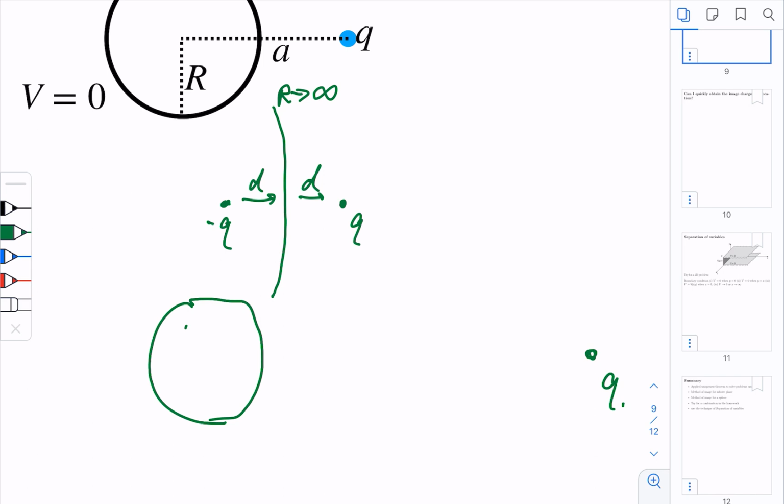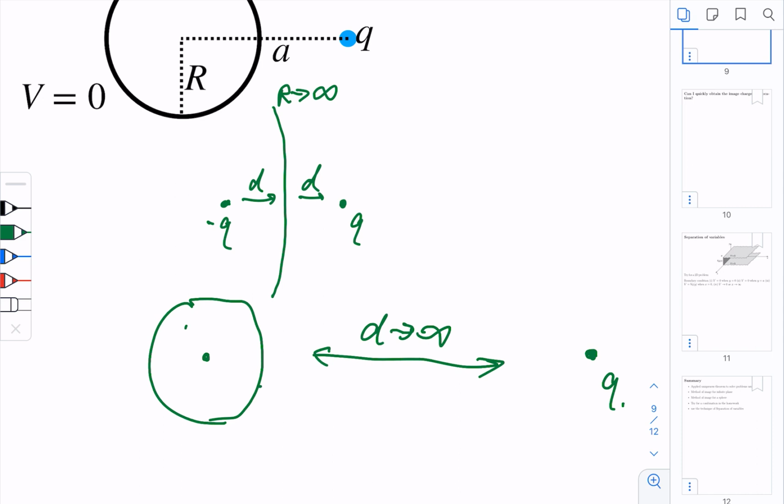It seems that if this d is really infinite, then any test charge near this origin will make it equipotential, because this Q will have almost zero effect along this field over on the left.